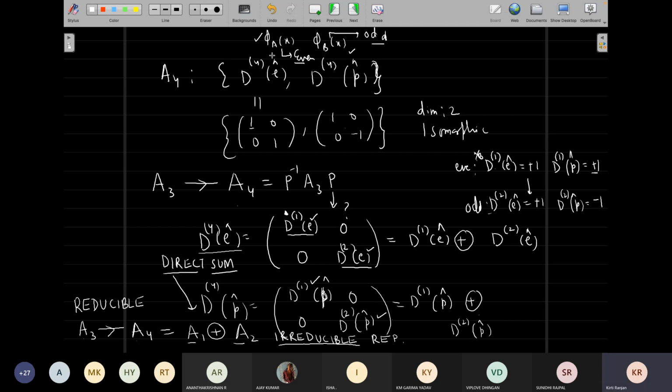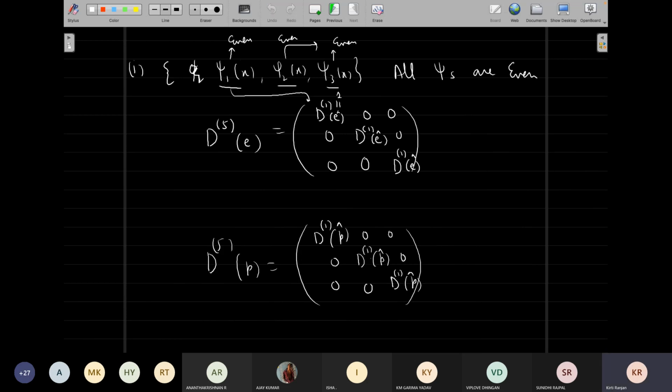Because the space had an even and an odd function, it was constructed out of D1(E) and D2(E), one representing even and the other representing odd, and likewise for P. This is the general form of the structure A1, which was even, and A2, which was odd. Now we have gone to a space where all three functions, xi1, xi2, xi3, are even.